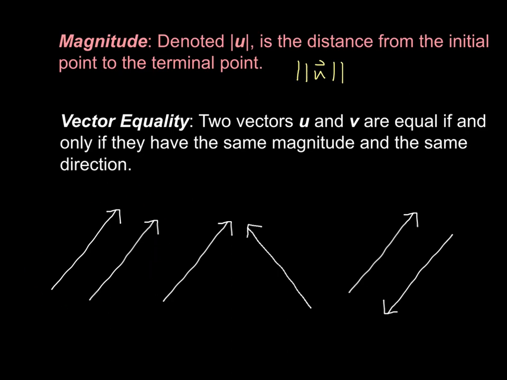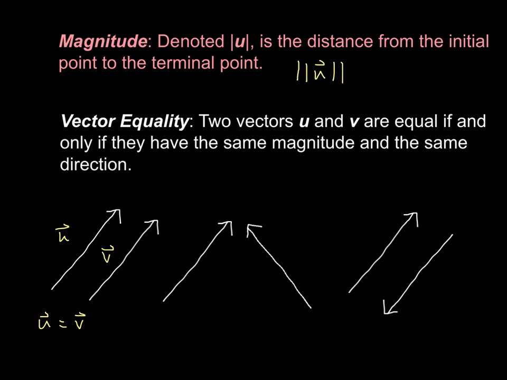This one vector will be u, and this vector will be v. Those two vectors have the same magnitude and they have the same direction, so therefore they are equal. We would say, in this case, that vector u is equal to vector v.